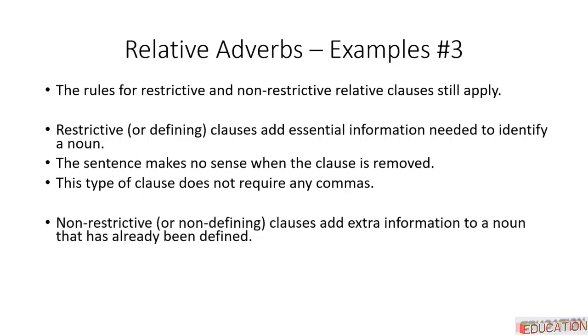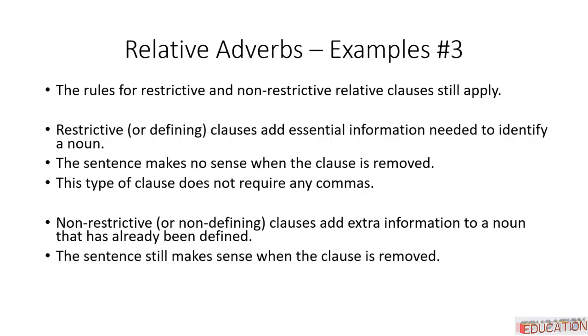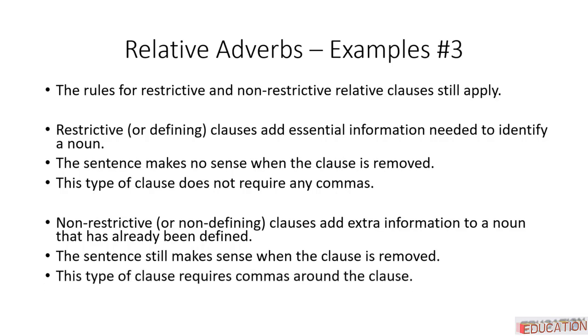And a non-restrictive or non-defining clause adds additional information to a noun that we've already defined. And if we remove the additional clause, the sentence is fine. And when we have this type of clause, we put commas around the extra information. And we'll look at some examples of those now.